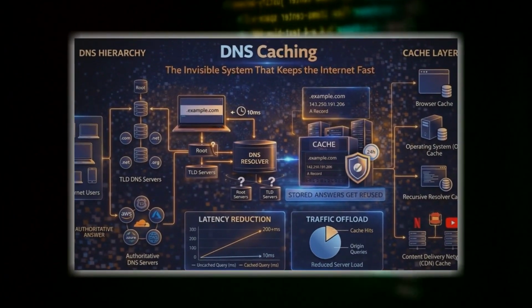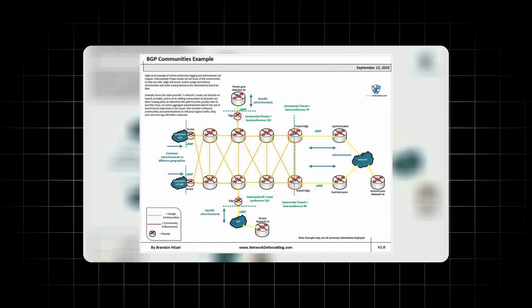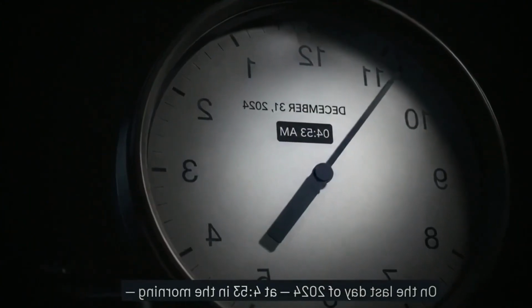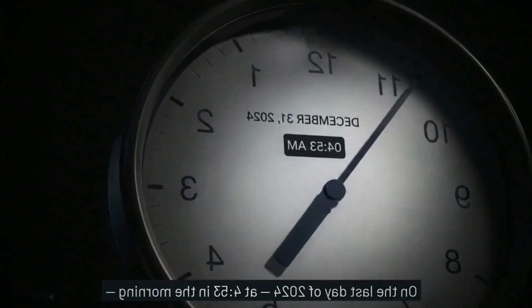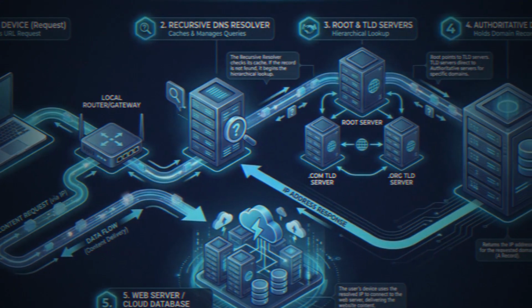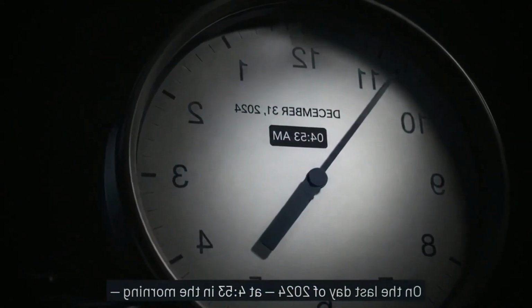The routing information that each router uses comes from a protocol called the Border Gateway Protocol, or BGP, and understanding BGP, even at a high level, helps explain something fundamental about how the Internet actually works. The Internet is actually thousands of separate networks joined together, and each individual network is called an autonomous system.